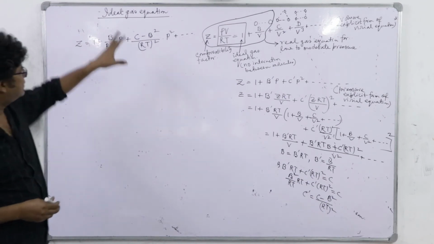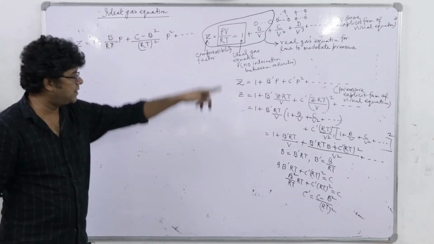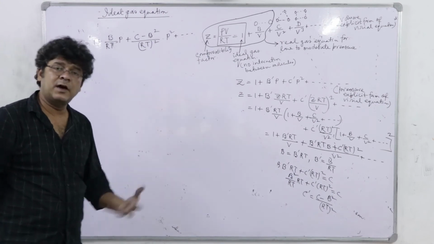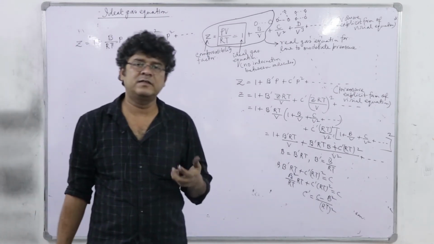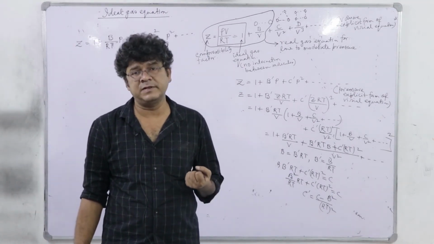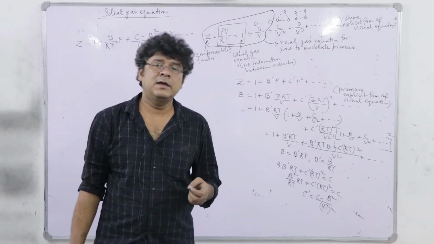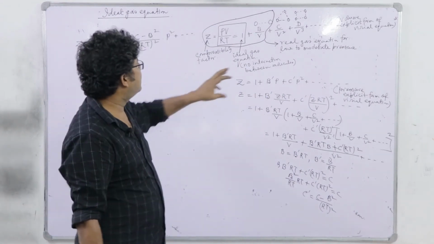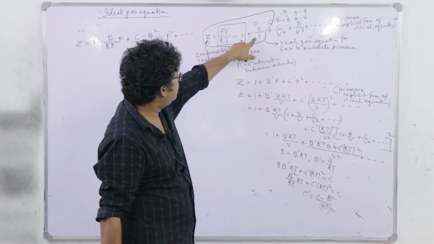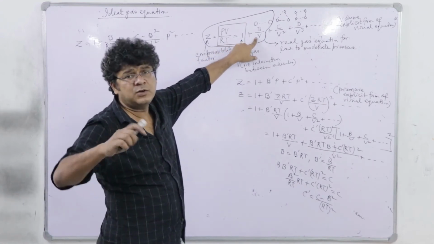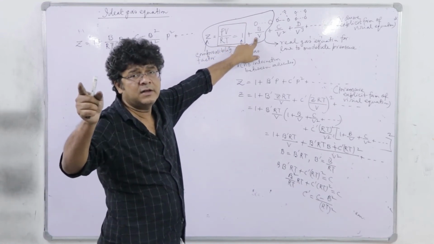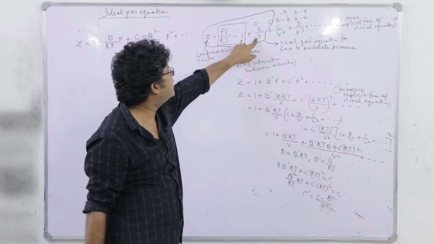And this form is preferred over the pressure explicit form because the volume explicit form's coefficients are more fundamental than the pressure explicit form's coefficients. Why? Because you see the two body interaction, that V is proportional to intermolecular spacing to the power 3, right.